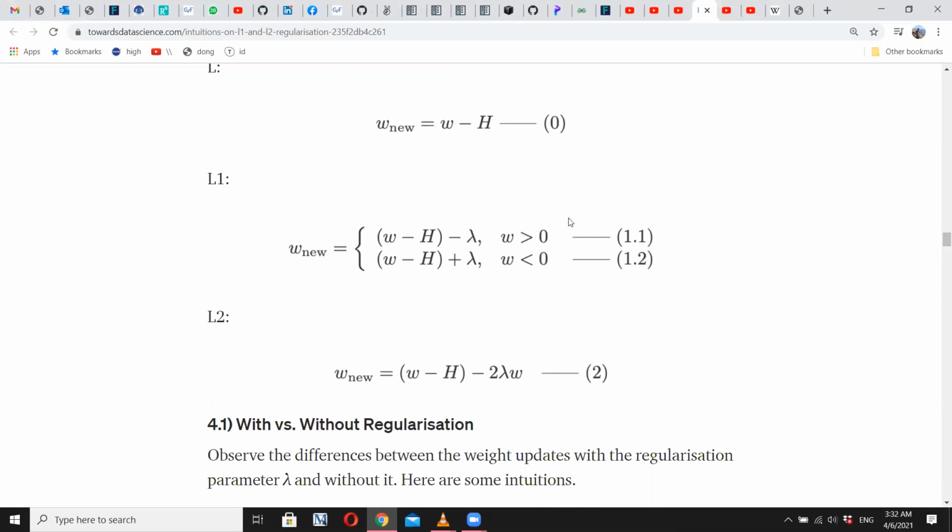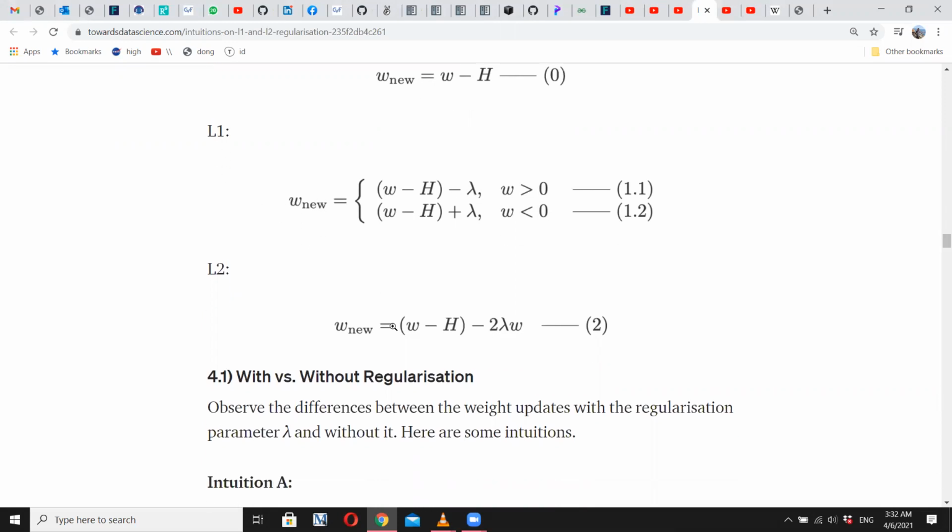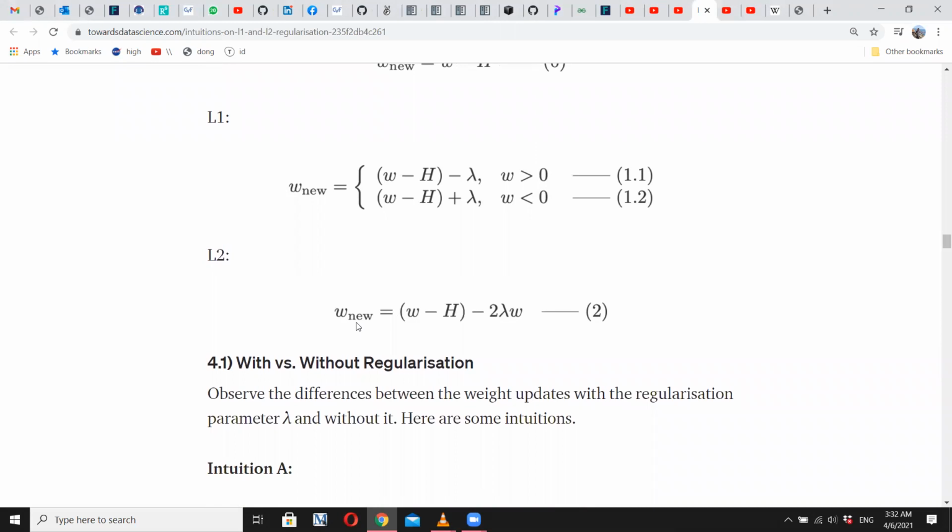The net effect is that if your weight is positive, you'll get closer to 0. But if your slope is negative, then you should add lambda, which means that negative values should increase and positive values should decrease. So if we choose a particular value of lambda, we will arrive quickly towards 0 using L1 regression compared with L2 regularization.